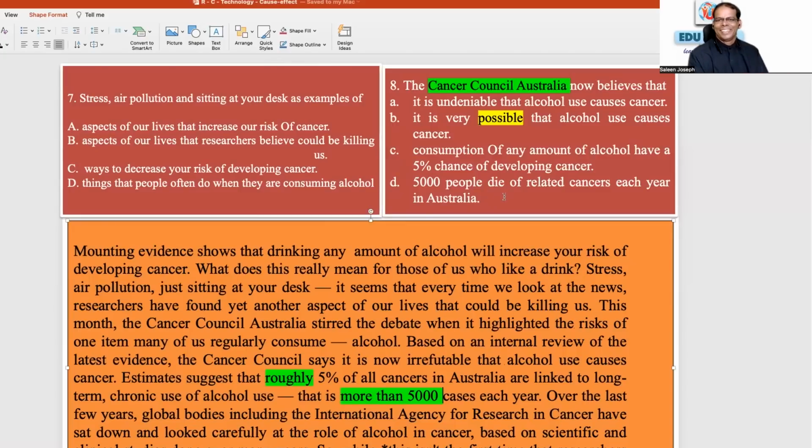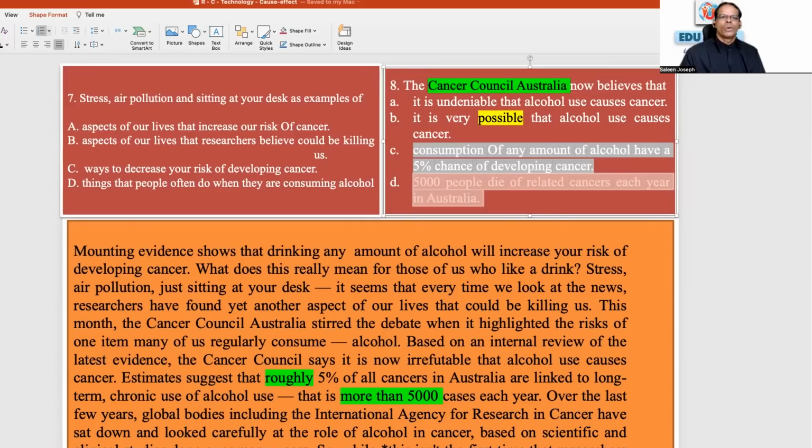So this is ruled out. A is the answer, Father. Let me rule out these things to confirm in your mind. Which strategy did you use to rule out these? Scale. Correct? And this one also on fact and opinion.